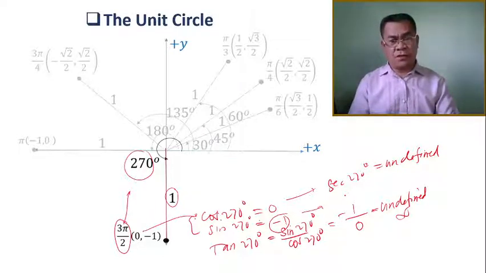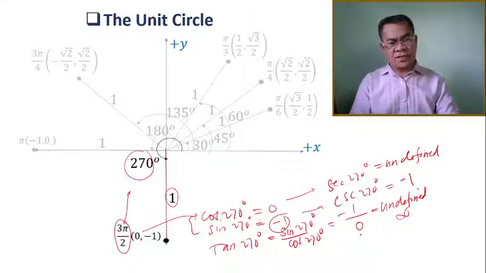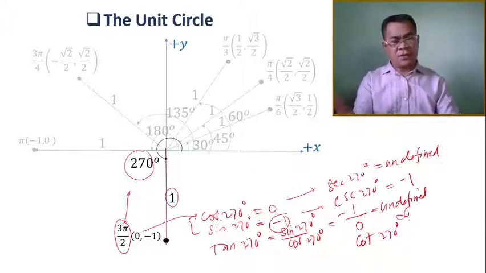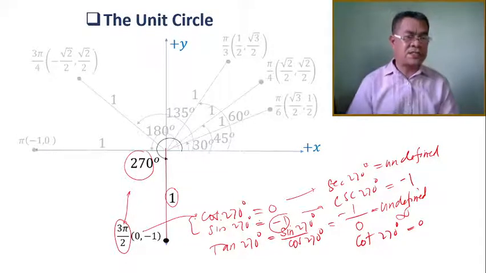The reciprocal of sine is cosecant, so the cosecant of 270 is the reciprocal of negative 1, which is negative 1. That's it. These are the values of the 6 trigonometric functions. By the way, for the cotangent of 270, the reciprocal of undefined is 0. So it is a defined number.